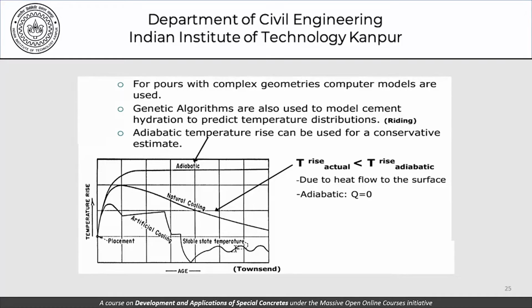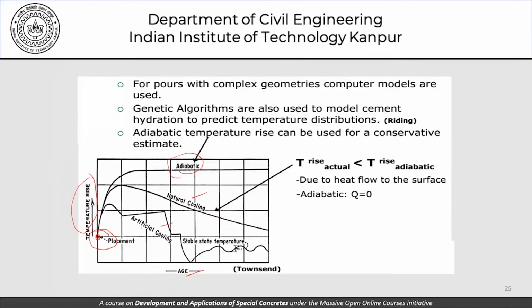Adiabatic temperature rise can be used as a conservative estimate to determine, for design purposes, how much is the likely temperature rise. So if we have temperature rise here and the age, that's what we're trying to plot. Adiabatic values are like this. Natural cooling goes here. Artificial cooling, if we do something, this is how it goes. And this is the place where the whole thing starts.